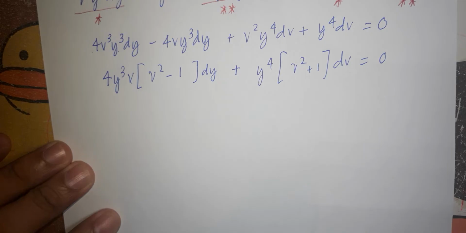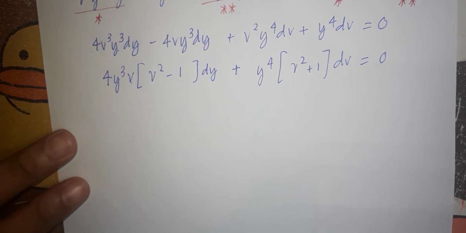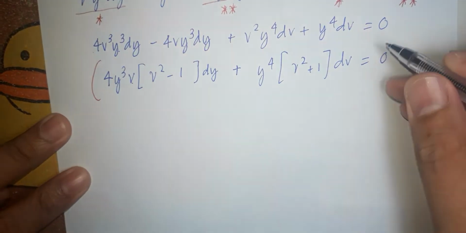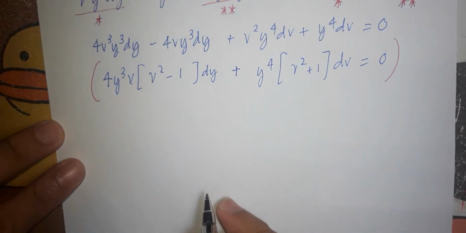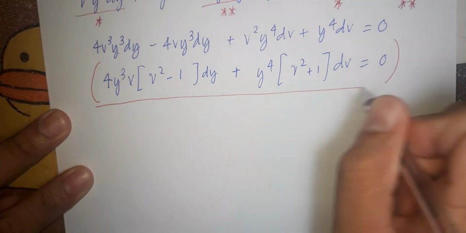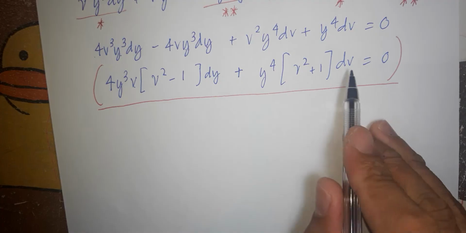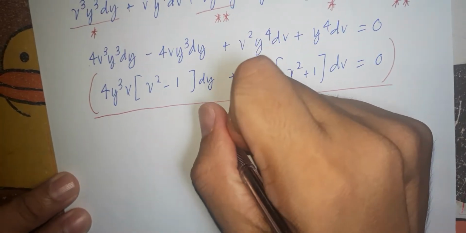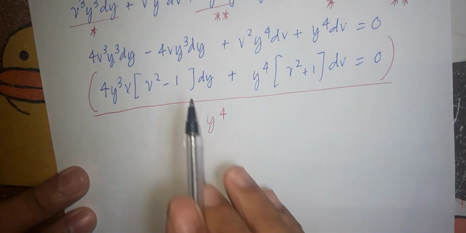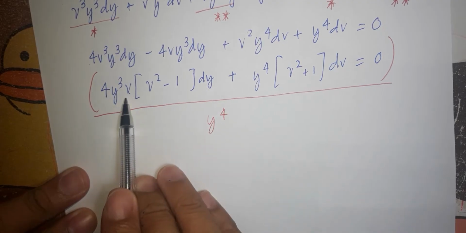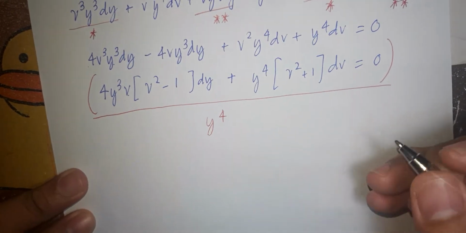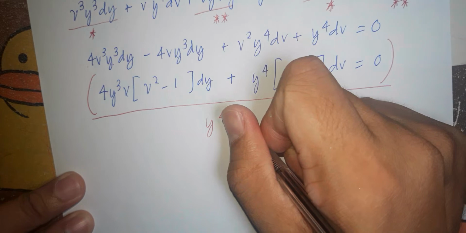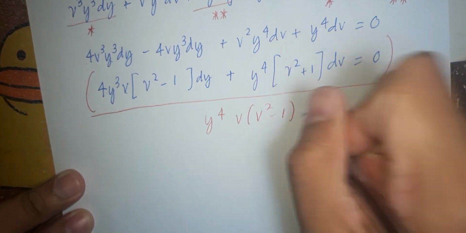Then using variable separable na. So separable na siya by dividing dun sa mga hindi kailangan. So let us try to divide this all by, in this dv, hindi natin kailangan si y to the fourth. So divide it by y to the fourth. With respect to y, hindi natin kailangan yung v and v squared minus 1. So that gives you v times v squared minus 1.